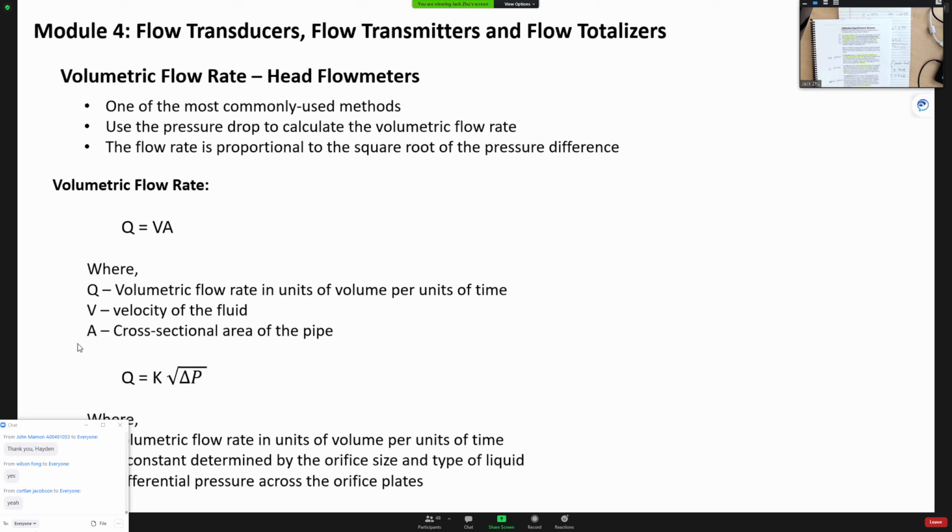We're not going to ask you to do the calculation, but you have to understand how to use this formula to find the flow rate and what each letter indicates.